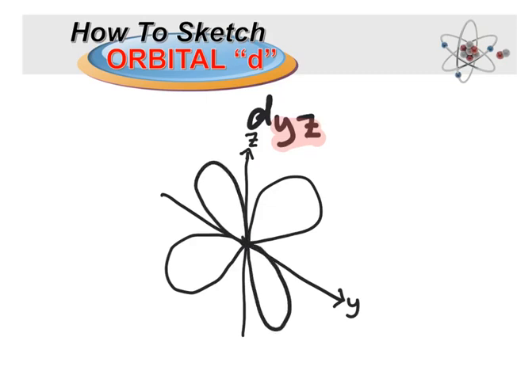Next, draw the x-axis from the center to the head of the x-axis. The next part of the x-axis is hidden by the shaded lobes, so we cannot see this axis until the end of the lobes. So, we have finished sketching orbital dyz.